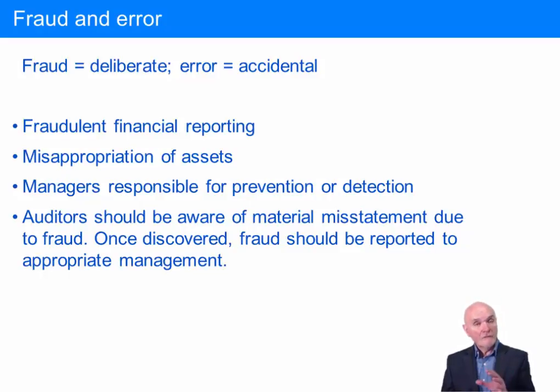But when the fraud gets large, and it becomes so large that it's going to cause a material misstatement in the financial statements, then like any material misstatement caused for any reason, whether innocently or fraudulently, the auditors should have spotted that.